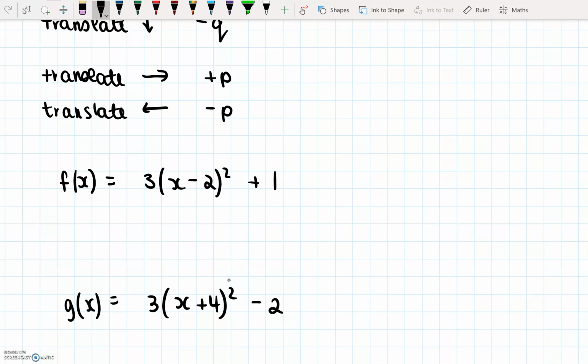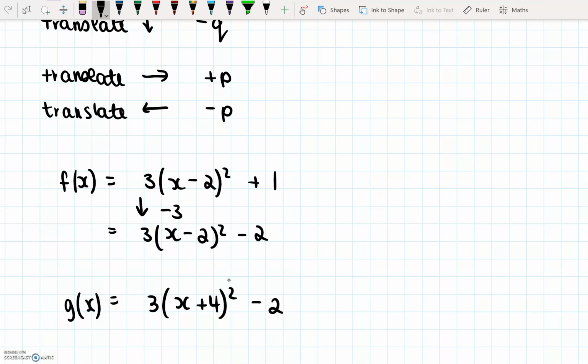Our parabola started at 1 and went down to minus 2, so that means it's gone down by 3. So if we go down by 3, we now have that it's equal to 3 times (x minus 2) squared minus 2.